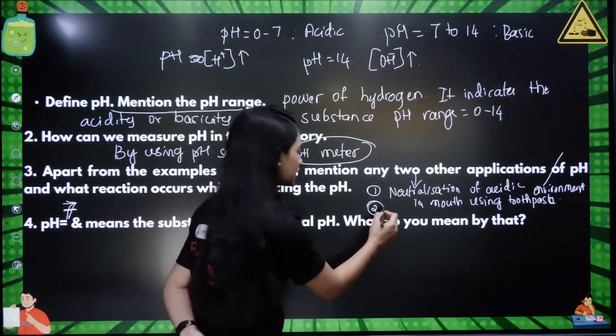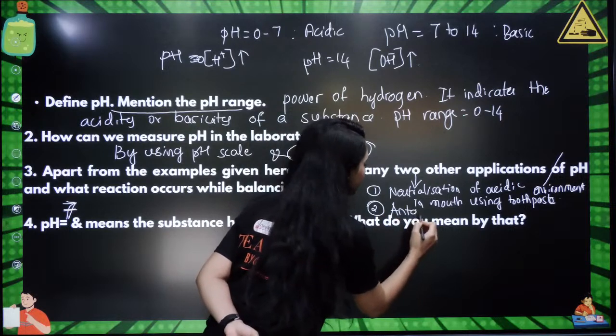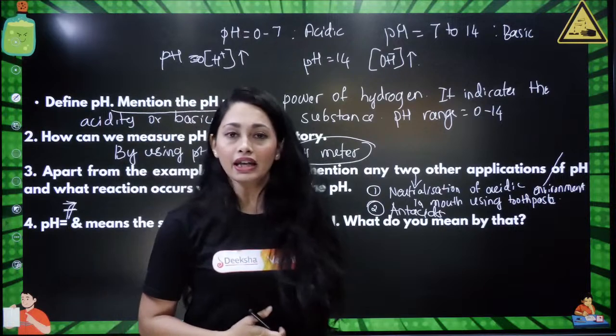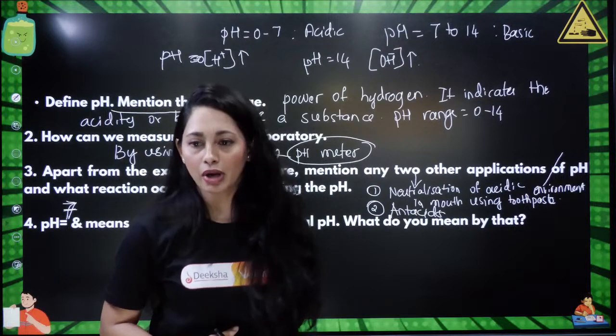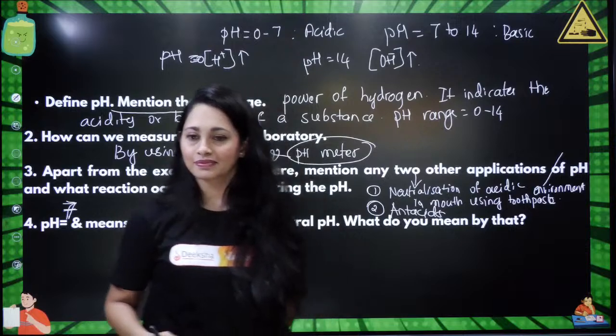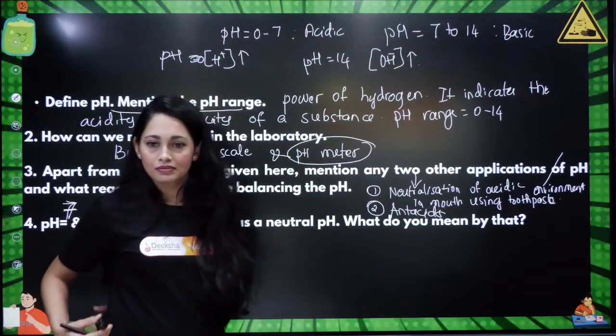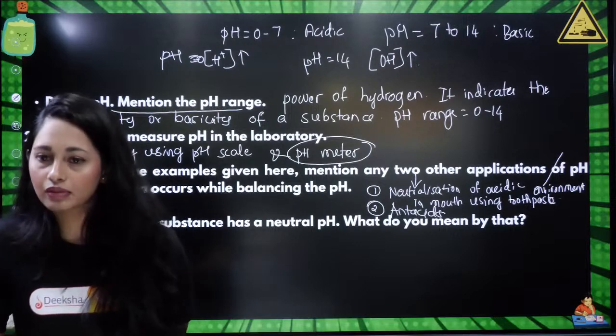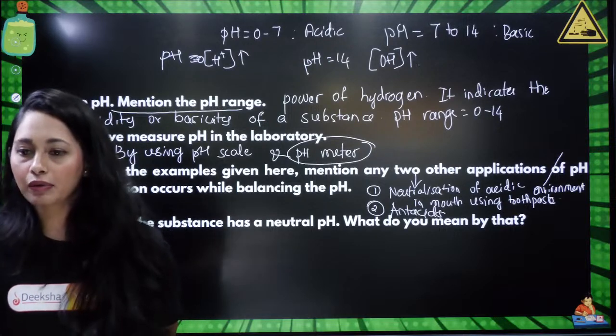In antacids. What are antacids? These are mild bases that are used to nullify the acidic environment in the stomach. Very good. After eating, our mouth will be acidic, so we brush our teeth.